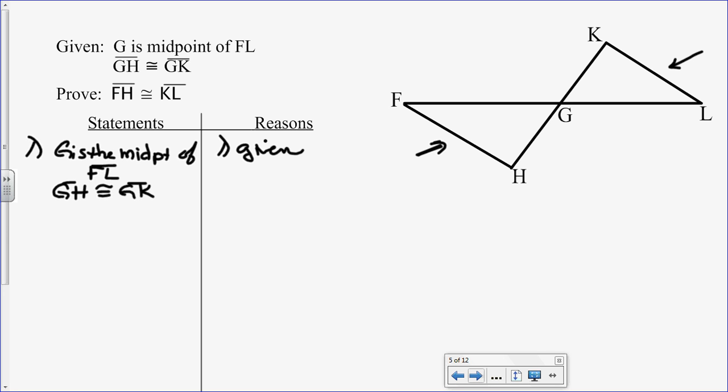We have what we have been given. Okay, we know what we've been given, and we know what we're trying to prove, right? Okay, but what's the second step of a proof? Mark your diagram up. This is just a blank slate right now. Okay, so we need to mark up our diagram.